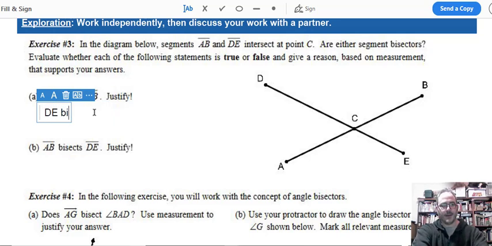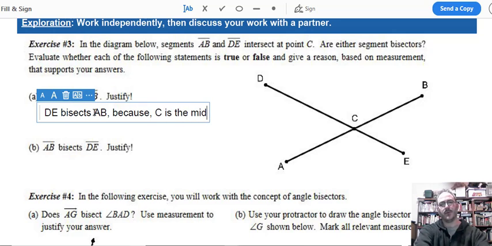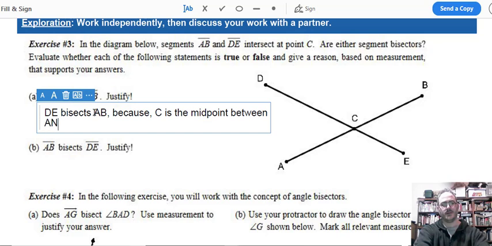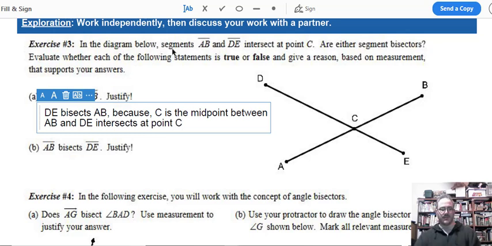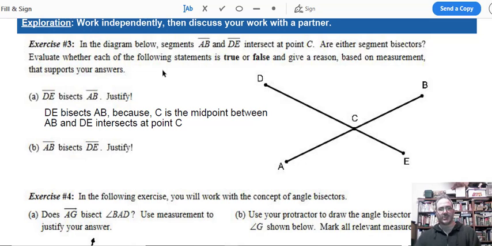DE bisects AB. And I need the little line above these two things because C is the midpoint between AB and DE intersects at point C. So that would be the big, full, wordy explanation.